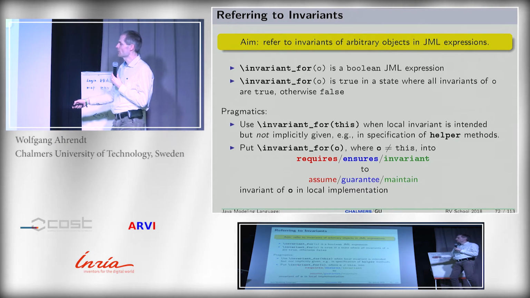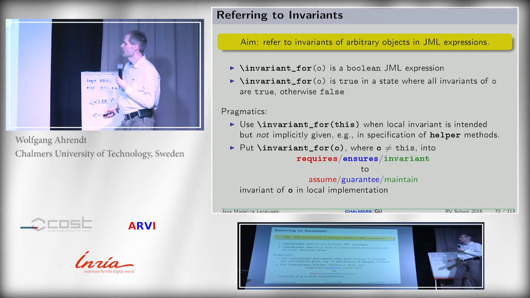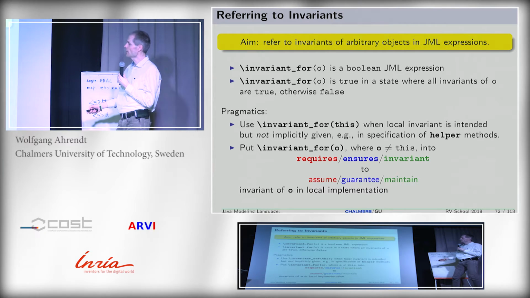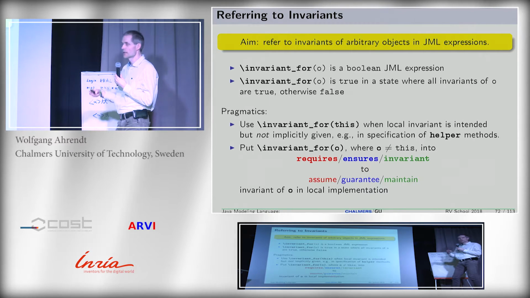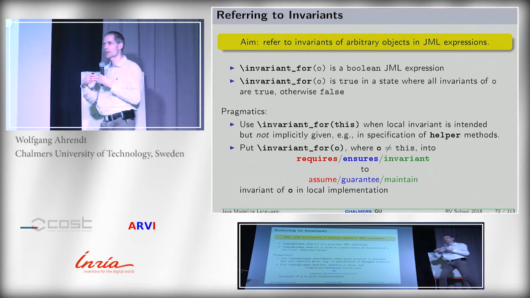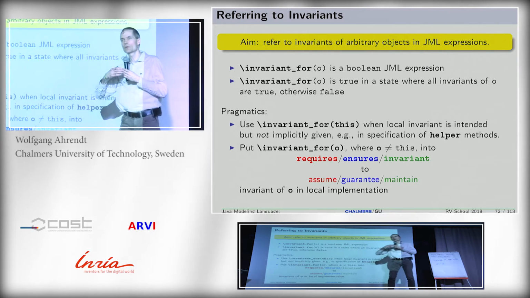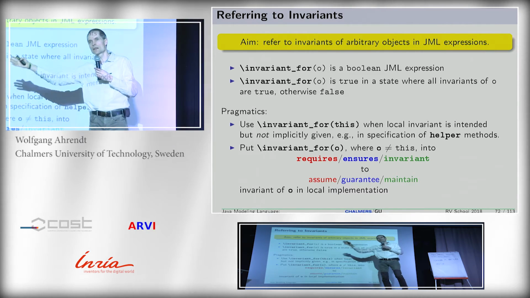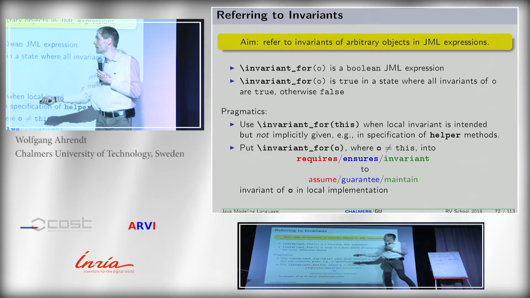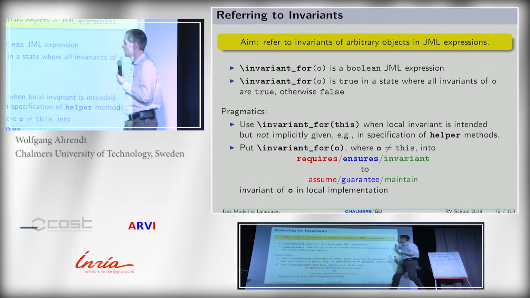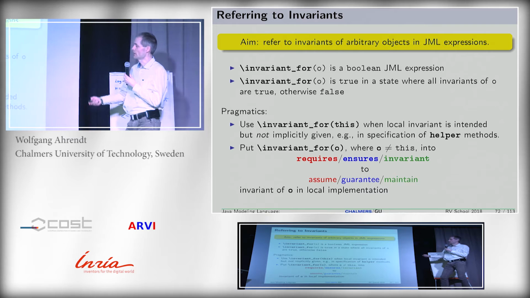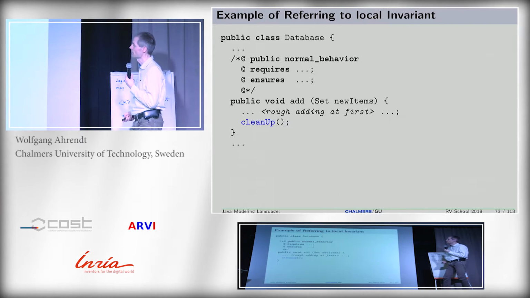Or we use invariant for O, where O is a different object, in order to require or ensure the invariant in a local context. So you saw this example where I talk about the invalid field of a different class. If I want to say something about the invariant of that class, I can do that by saying invariant for O or for bank card or something. Yes?